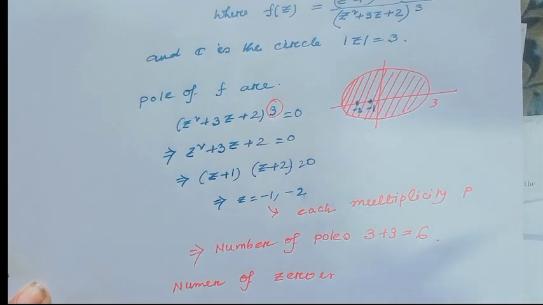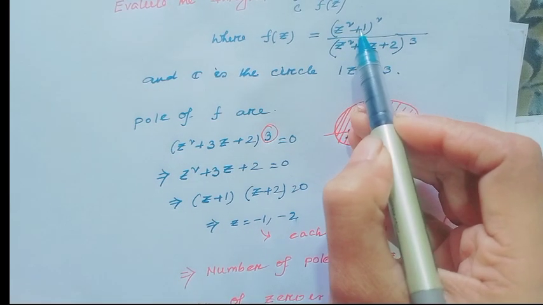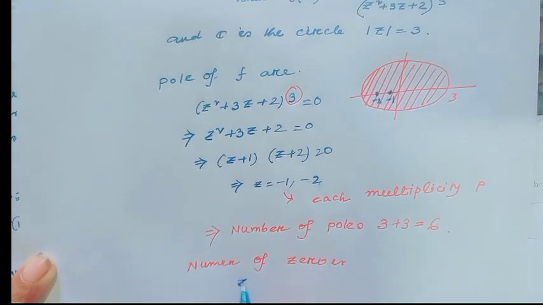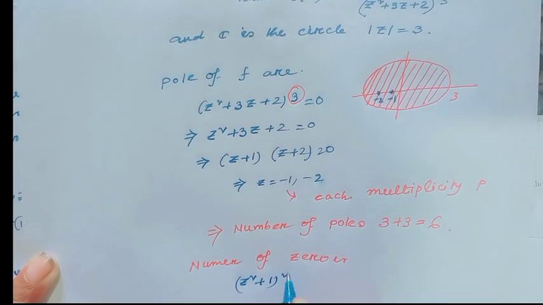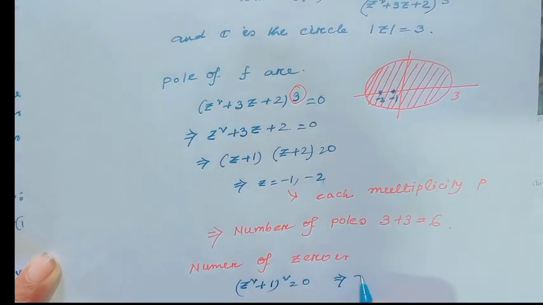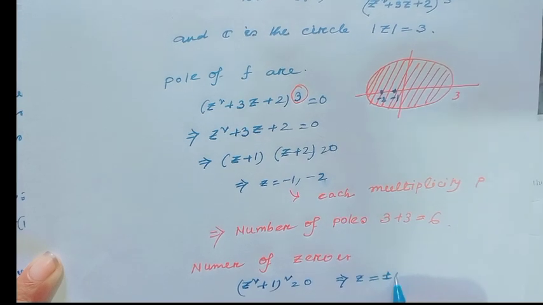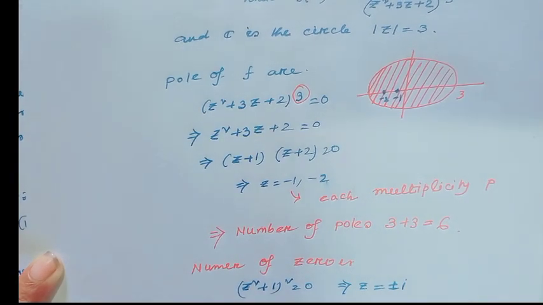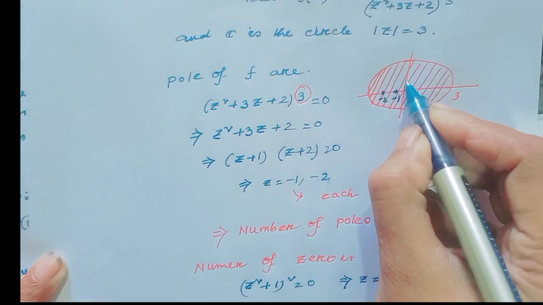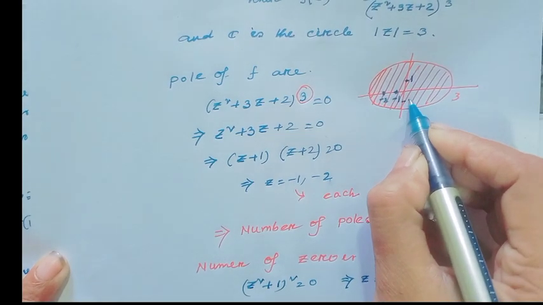Here f z has the factor z square plus 1 whole square. Z square plus 1 whole square equal to 0 implies z equal to plus minus i. Plus minus i means this is i and this is minus i.